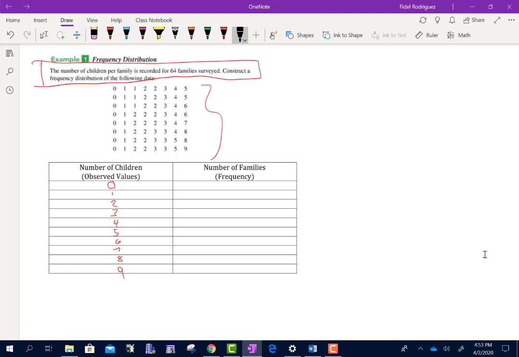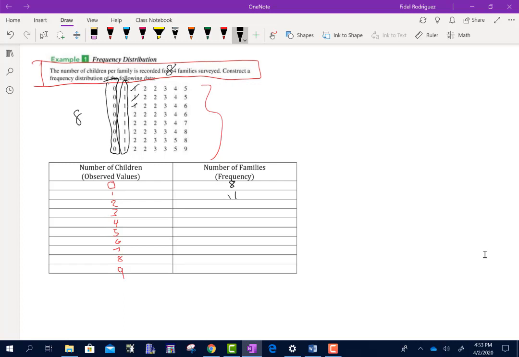So guys, let's see. This piece of information here is 8 by 8. There are 8 numbers going down, and 8 numbers going across. If I count the number of zeros, there would be 8 of them. If I count the number of ones, there's 8, 9, 10, 11.